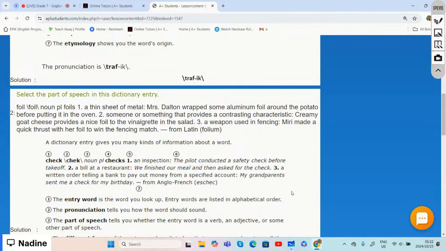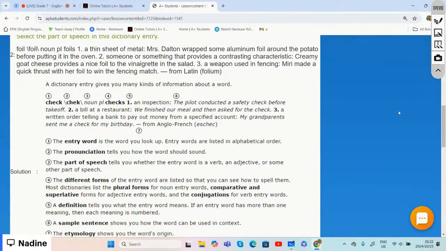And if we were to select the part of speech, then we'll say it is a noun.